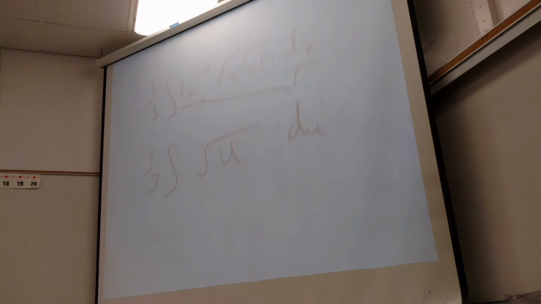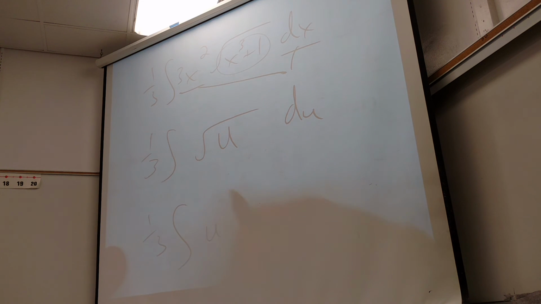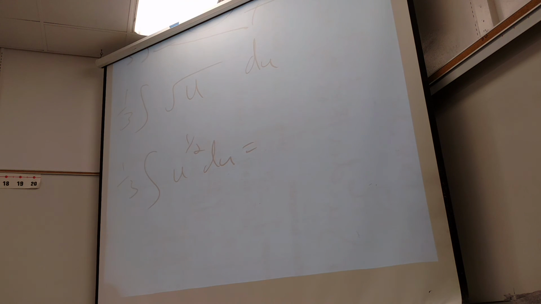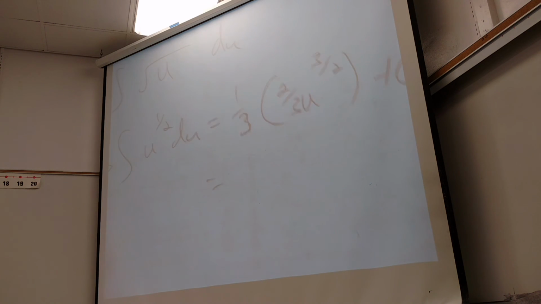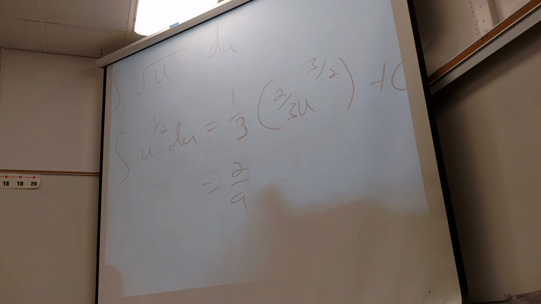To write this better, this is the integral of u to the 1/2, which is relatively easy. 1/3 times u to the 3/2, so this will be 2/3. Good. And now let's simplify and replace. So this is 2/9.